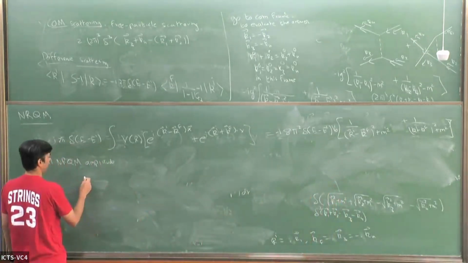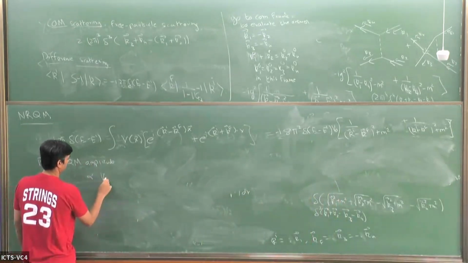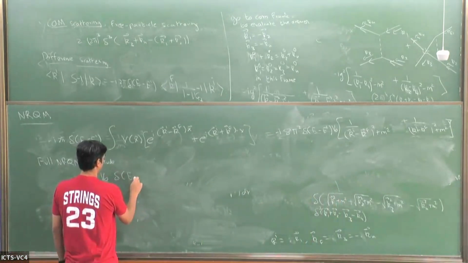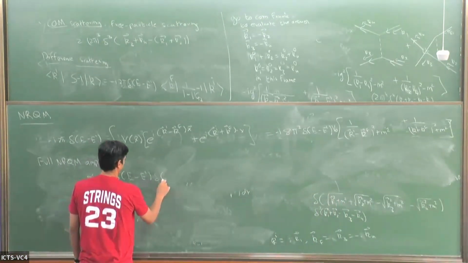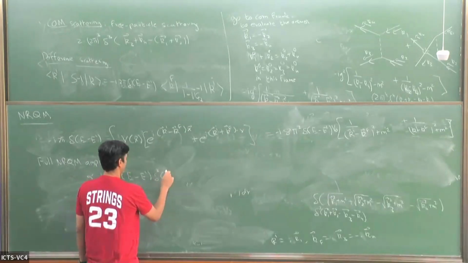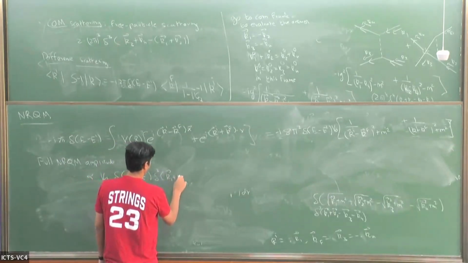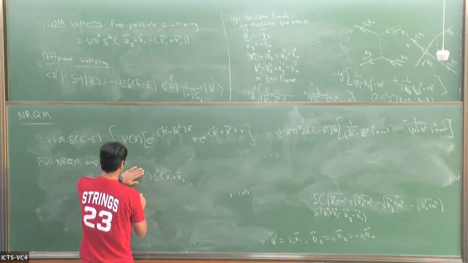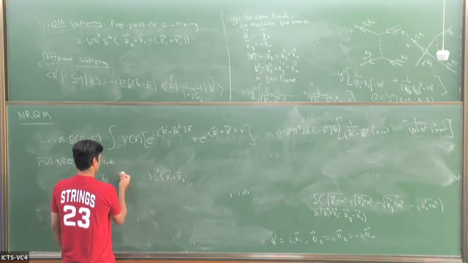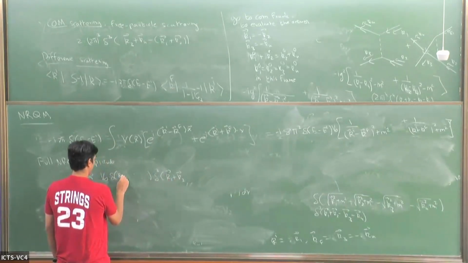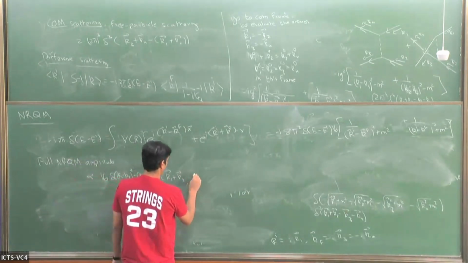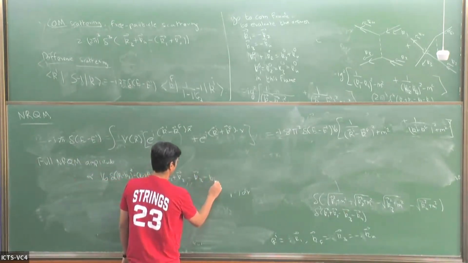So the full NRQM amplitude is proportional to some V naught times delta of E minus E prime, delta cubed of K minus K prime, K1 plus K2, delta of (K1 minus K2) squared minus (K3 minus K4) squared, K1 plus K2 minus K3 minus K4.